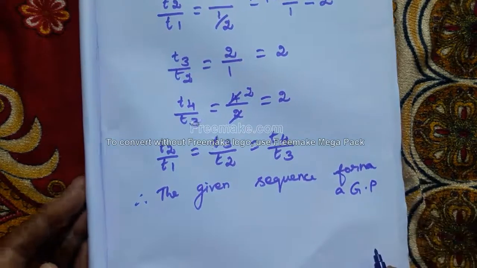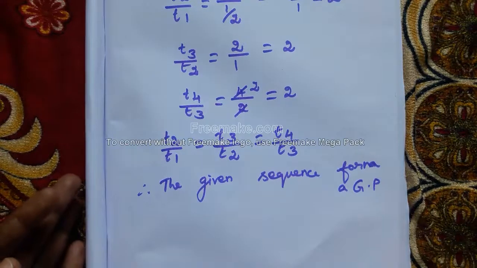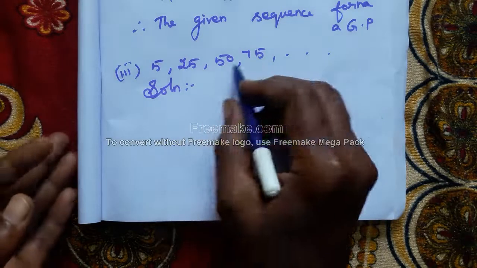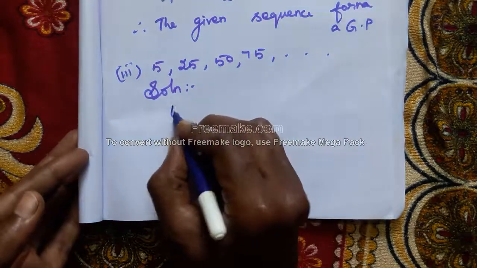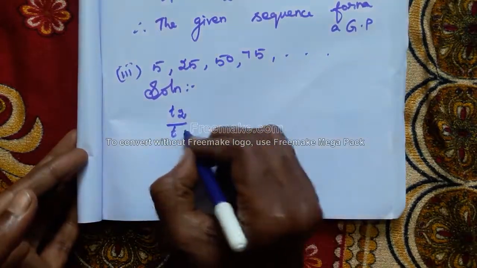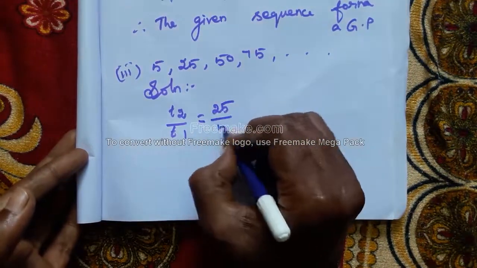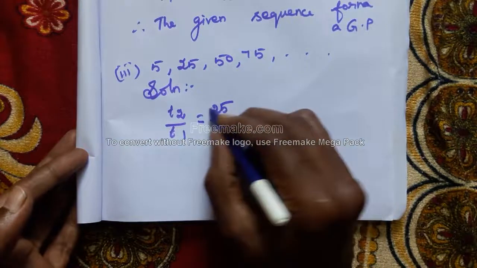Okay, then we go for the third problem: 5, 25, 50, 75, etc. Here also we check T2 by T1 is equal to 25 by 5, which is equal to 5.